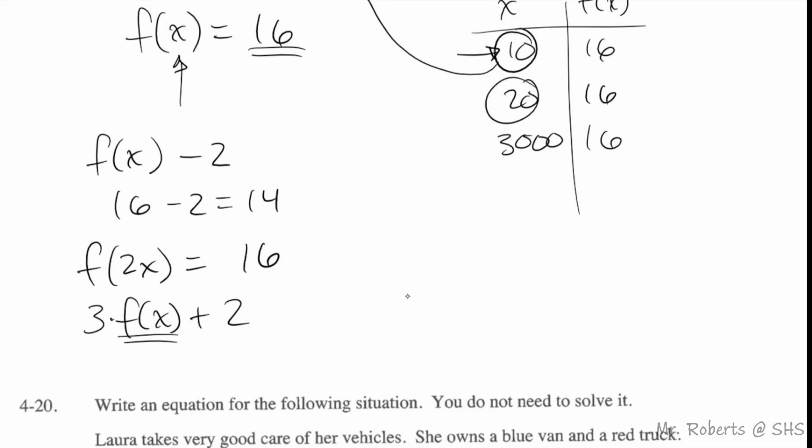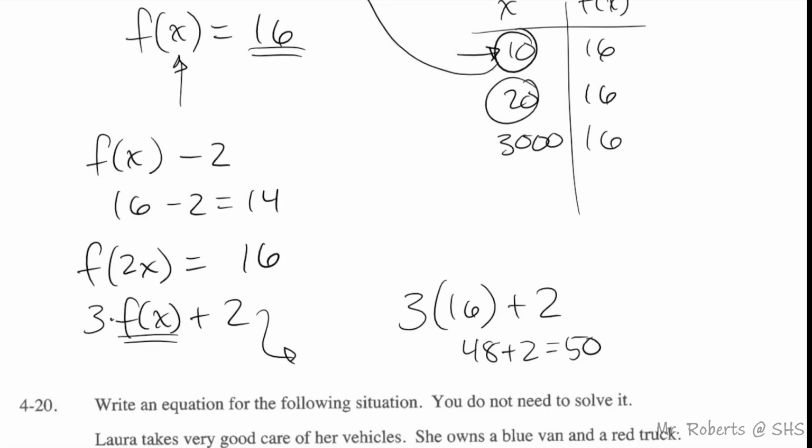So what this would be is 3 times 16 plus 2. 3 times 16 is, yeah, I'm entering this on a calculator. 3 times 16 is 48. Okay, plus 2 would be 50. So I get that this is 48 plus 2, which is the number 50. So 3 times f of x plus 2 is always going to produce a value of 50.